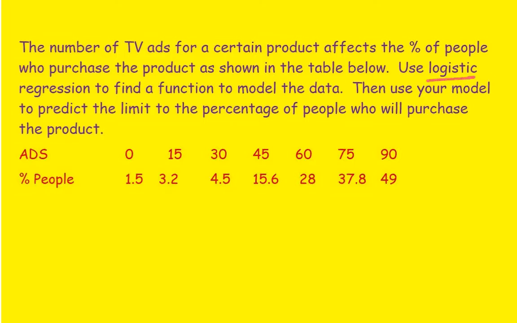Use logistic regression to find a function to model the data. Then use your model to predict the limit of the percentage of people who will purchase the product. So I'm going to go ahead and put this data into my calculator. Remember where you go? You go over to Stat, and then pick Edit, and you put it in L1 and L2.